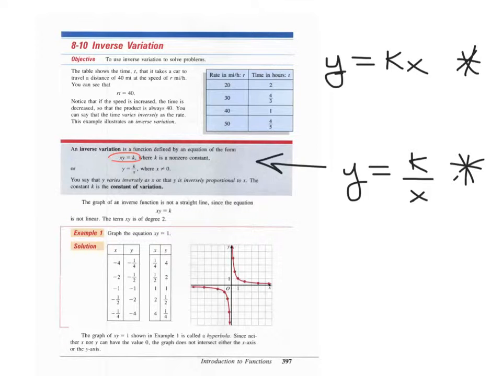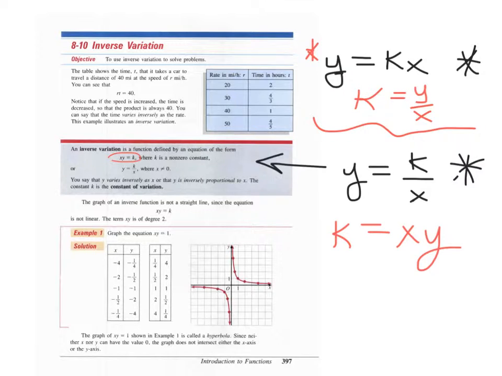Remember when we did 8-9, to find k, you're dividing y by x, but now in 8-10, to find k, you're going to multiply x and y. So these are little shortcuts you can use. To find k when it's direct, you divide y by x. To find k when it's inverse or indirect, you multiply x and y.